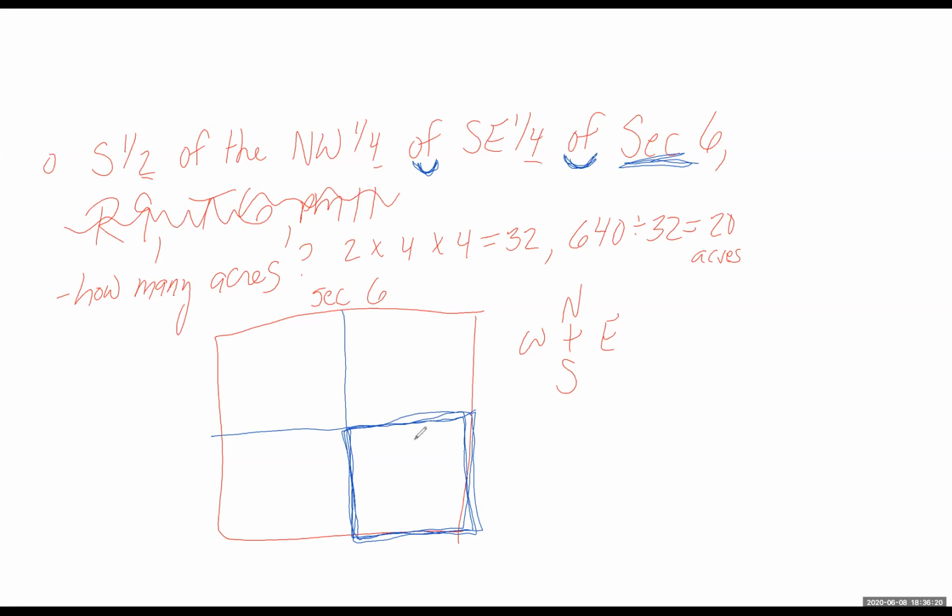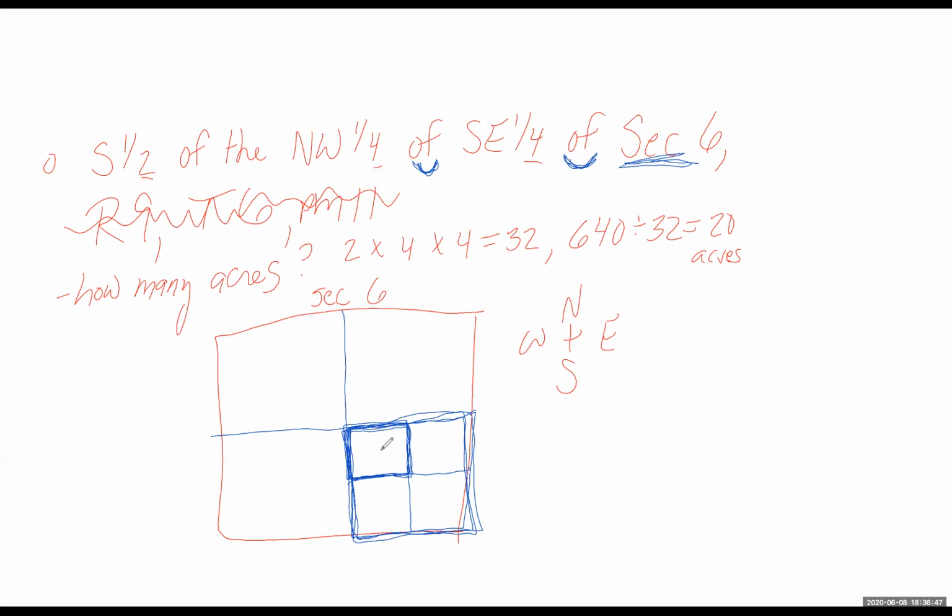So if we take the southeast 1/4 and we drill it into quarters, northwest is right here, right? Everybody follow me on that? Okay. So that's the northwest 1/4 where I'm pointing.